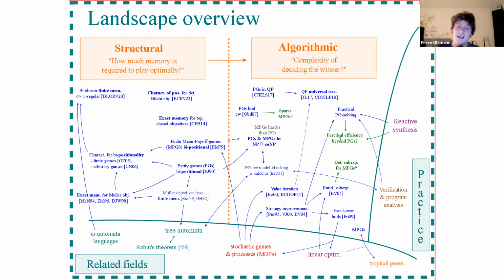What else? Okay, so interactions with practice. There's this whole thing of reactive synthesis that a lot of people also talk about. The principle in reactive synthesis is that you have a reactive system with some inputs and outputs. This means that it's not like a program where the algorithm stops and gives an output.